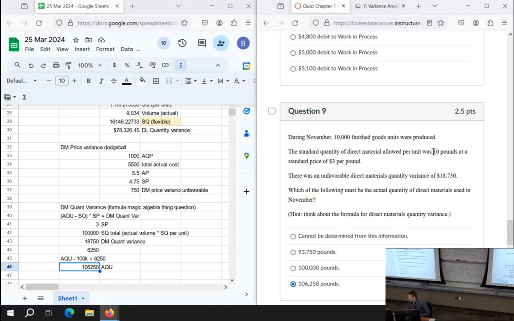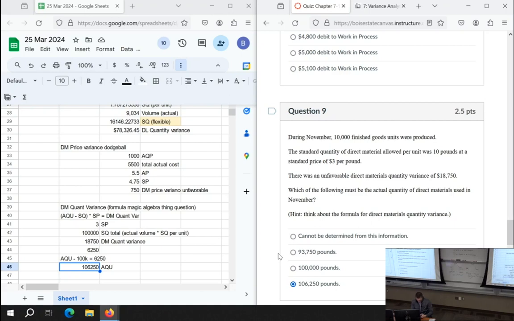I know that 10,000 times 10 is 100,000, so there's only one unfavorable one there. Now I'm going to have to go back and check the one I say cannot be determined, because there's an alternative strategy. I have two homework assignments for myself: fix the textbook question, and check how many questions I said cannot be determined. Check alternate strategy. Sorry, go ahead, Jack.